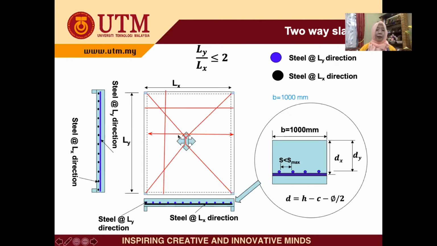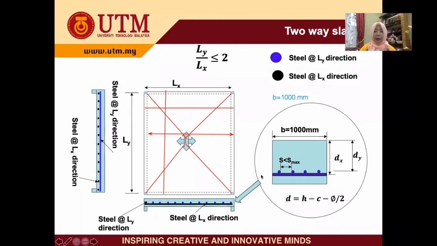So for the LX direction, we have the steel here. The steel in X direction will be provided at the bottom face. You can see here, this is the cover and this is the X direction at the bottom. And then the Y direction we put on top of the X direction.